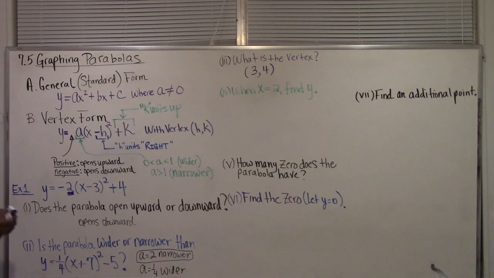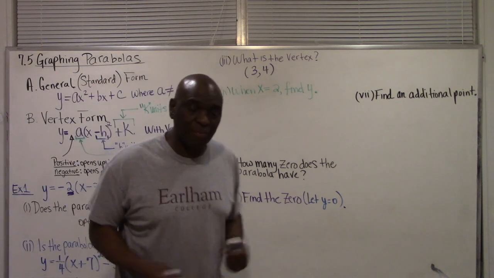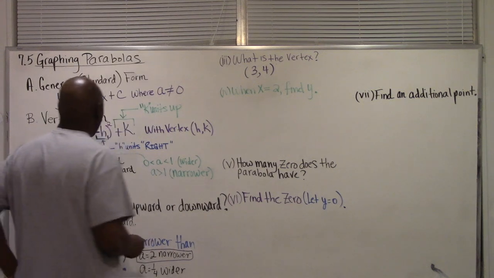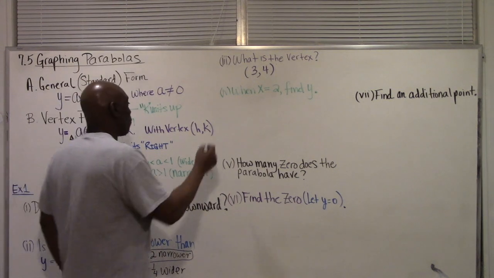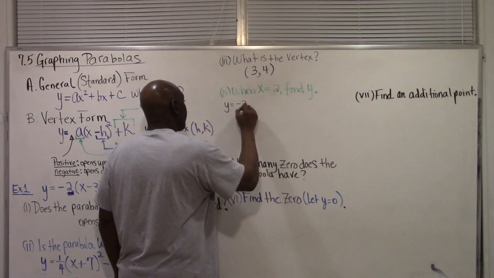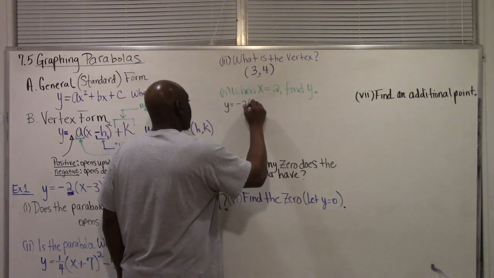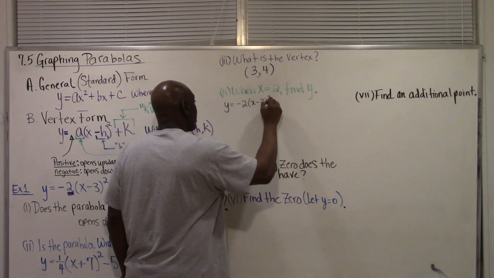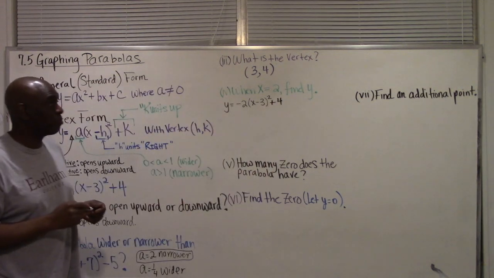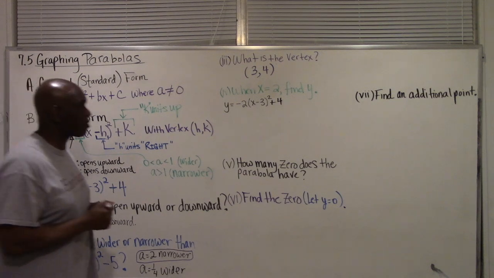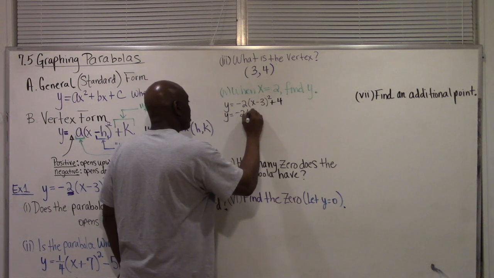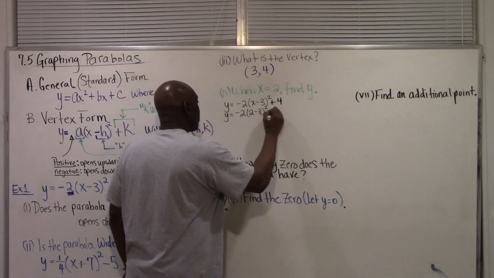Okay, very good. When x is 2, what's the value of y? Plug in 2 for x, see what you get. We have y equals negative 2 times (x minus 3) squared plus 4. So now plug in 2 for x. We have y equals negative 2 times (2 minus 3) squared plus 4.